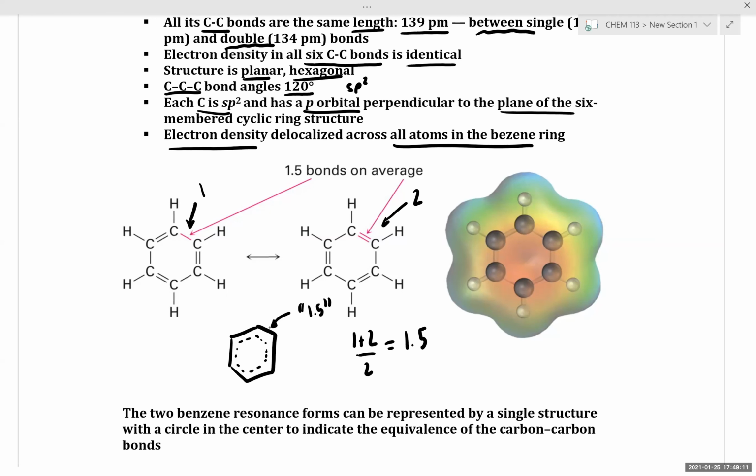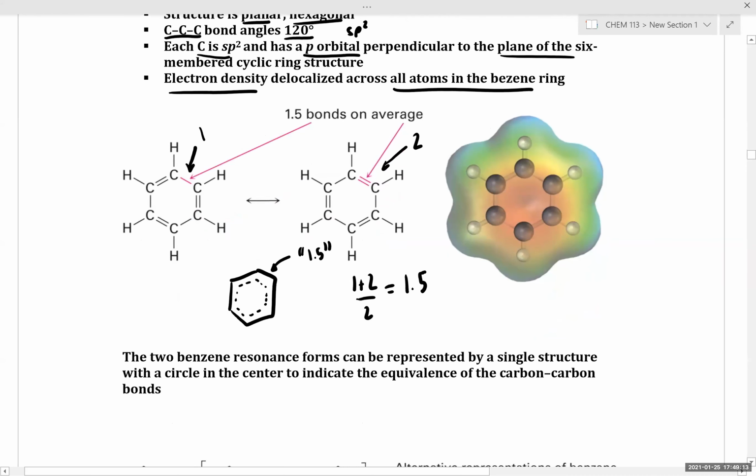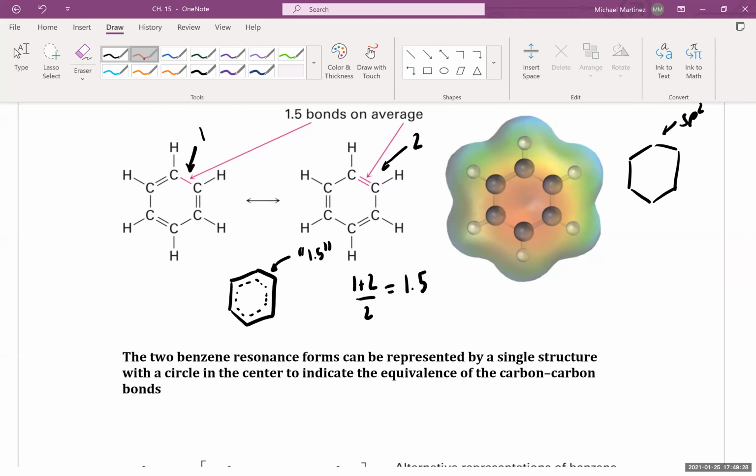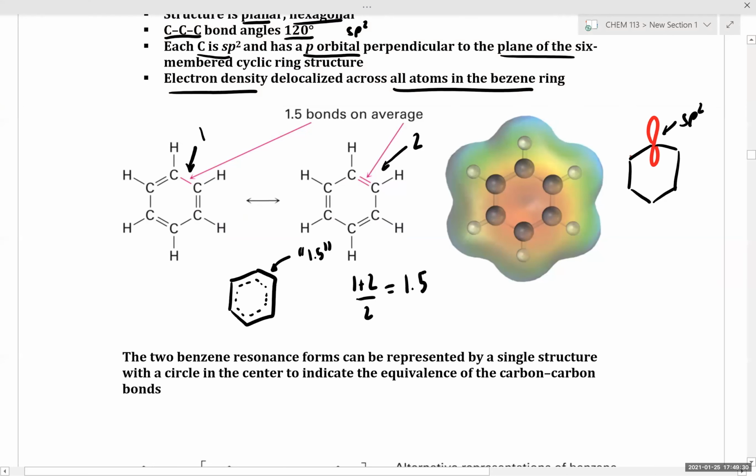Thank you. Perfect. So to help visualize the arrangement of orbitals in a benzene ring, if we have an sp2 hybridized atom, perpendicular to the plane of our benzene ring will be a p orbital.